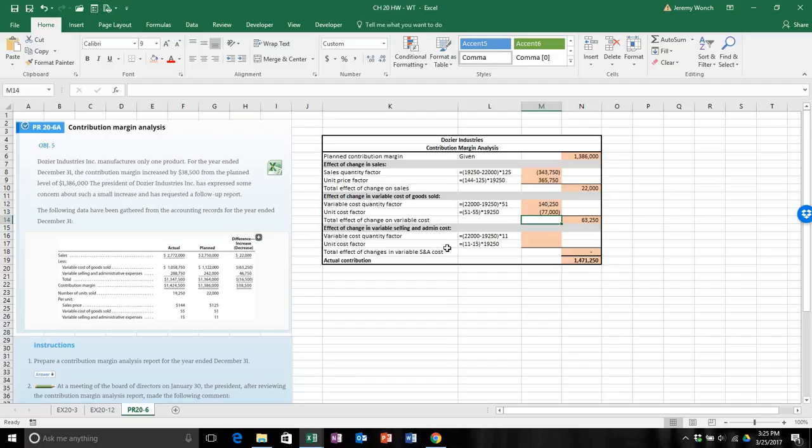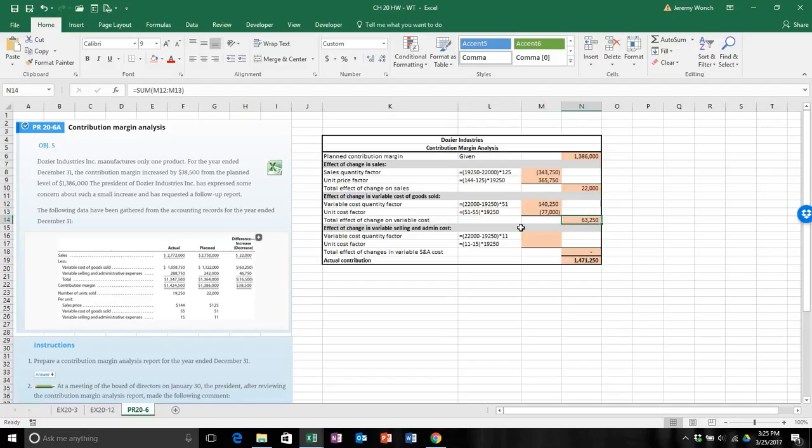Their variable cost of goods sold was lower because they sold fewer units, but the variable cost was higher by $77,000 because it was a higher cost per unit.